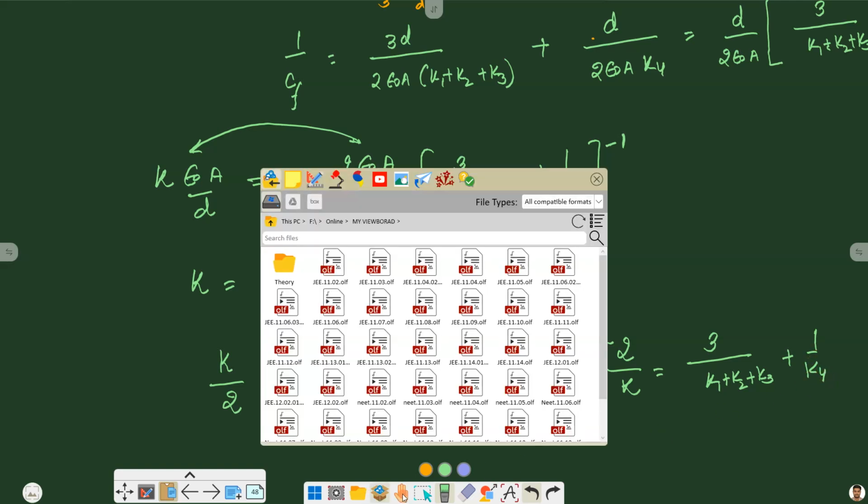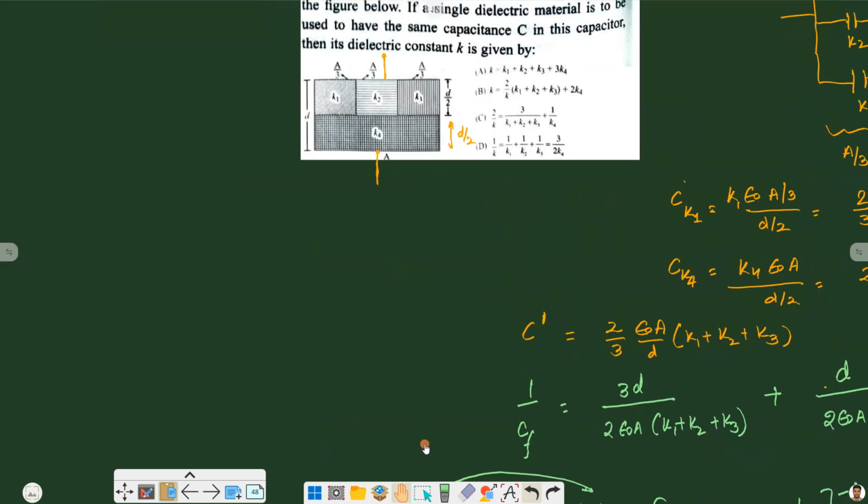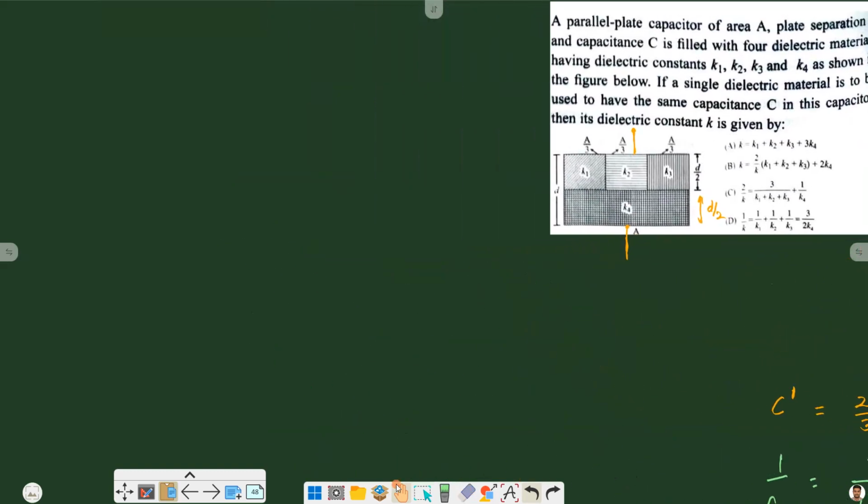Now let's copy this and compare. We can see that our option C, 2 by K is equal to 3 by K1 plus K2 plus K3 plus 1 by K4, matches with the answer. So option C will be the right answer here.